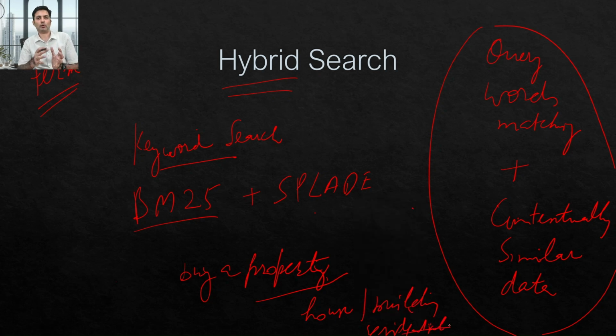So it will try to add more similar words into its search query. Because I just use the word property, it just says, okay, you're looking for some kind of property. It could be house, it could be building, it could be residential location, or something like that. So this is what these two algorithms help us to do.